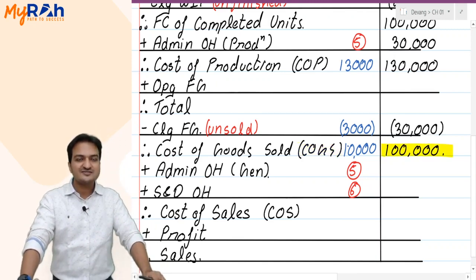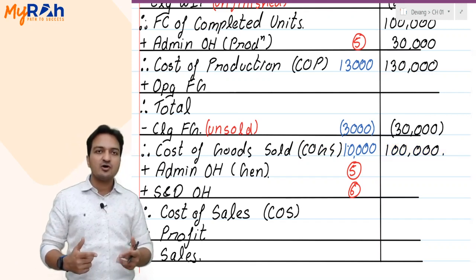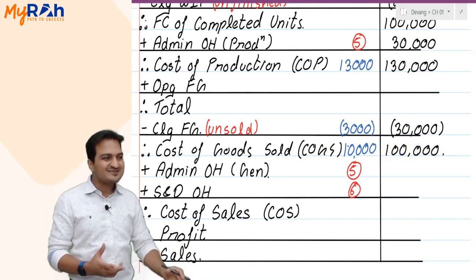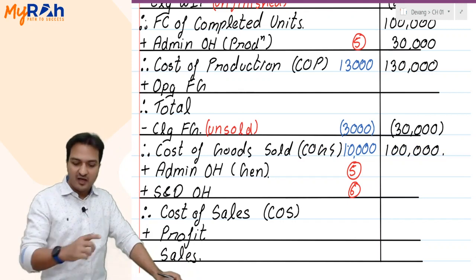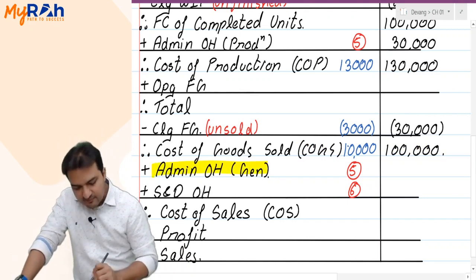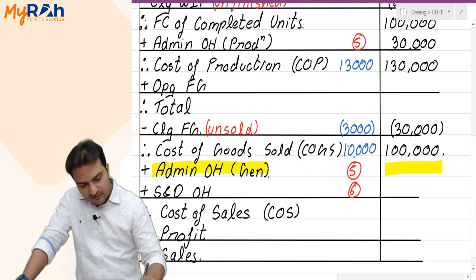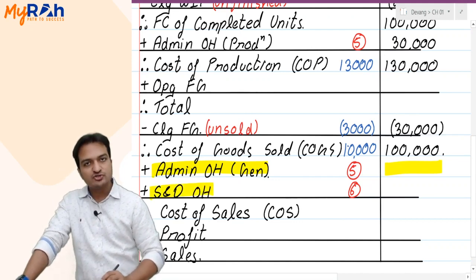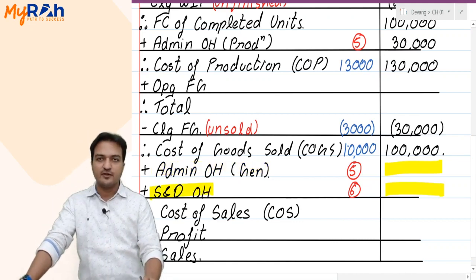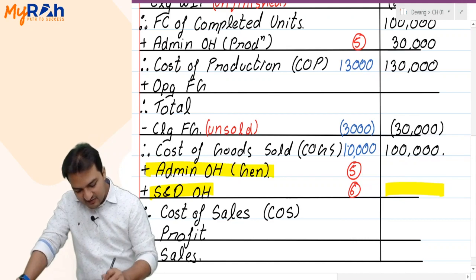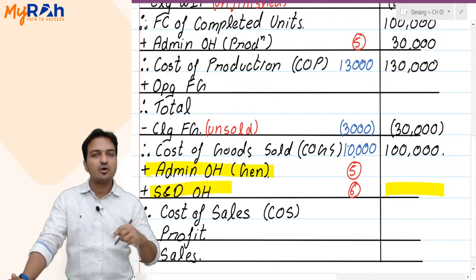But in this cost, still all items of cost are not yet included. There are still certain other items which I will add, which is general admin overheads will now be added over here, and selling and distribution overheads is also added over here. Now, why am I adding these two items now? Why not before?